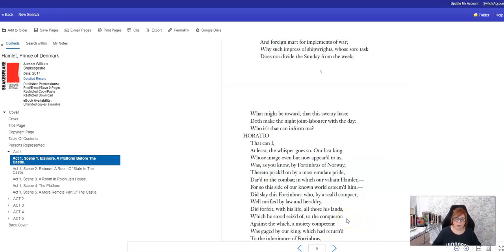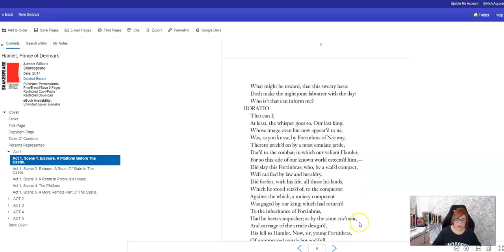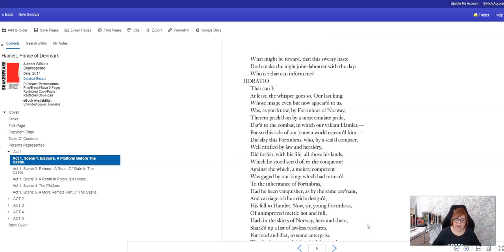Against the which a moiety competent was gauged by our king, which had returned to the inheritance of Fortinbras, had he been vanquisher, as by the same covenant and carriage of the article designed his fell to Hamlet." All right, so once King Hamlet killed King Fortinbras, Hamlet got all the land. So he's like, yes, I am rich in land. Like, he totally won that Risk game.